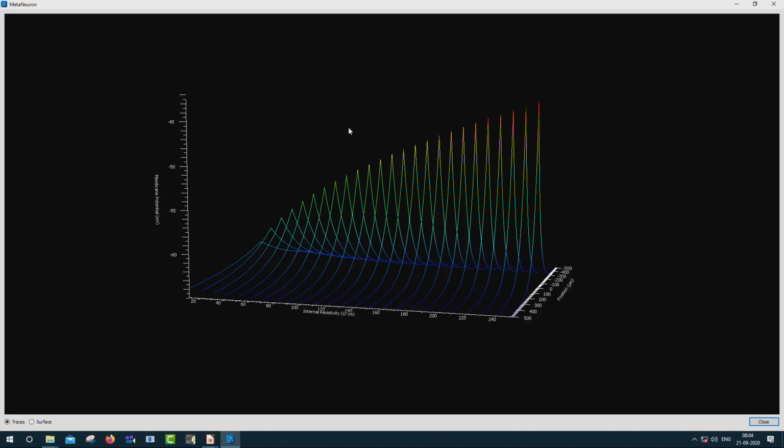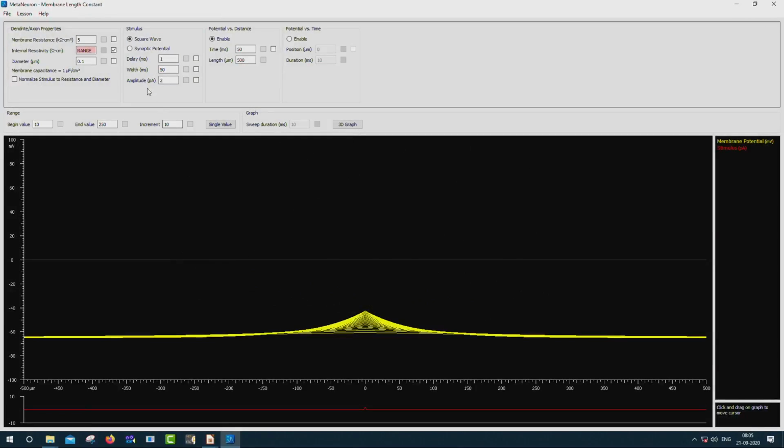Again, as I suggested, it would be good if you keep this program running while you're going through the axonology and neuronal biophysics lecture, to get an idea of both the theory and the practical way of changing lambda, and how it works.